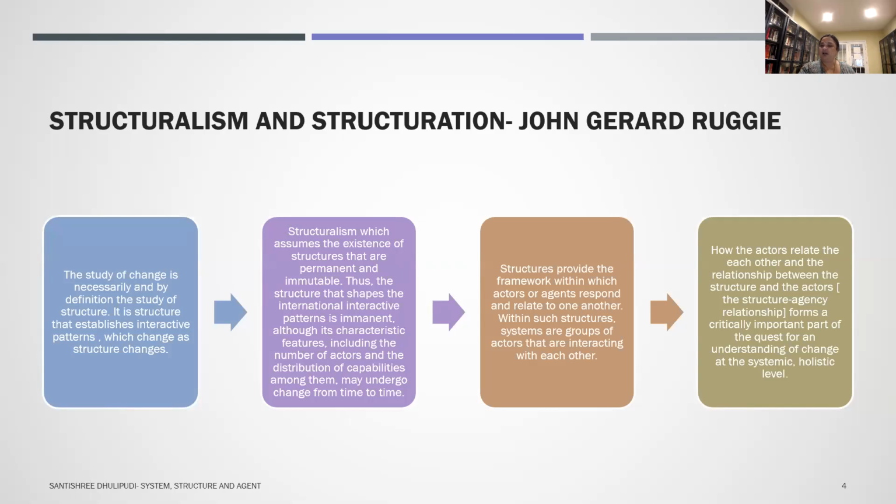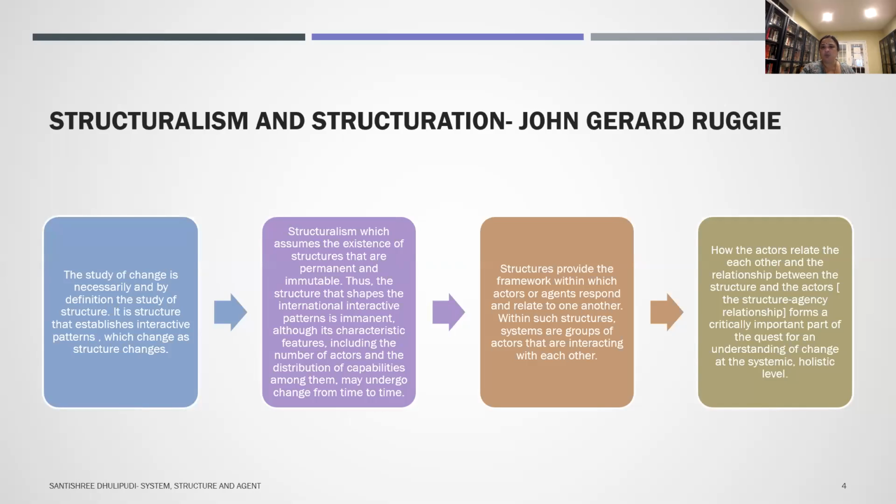Now, structuralism and structuration. John Gerard Ruggie says the study of change is necessarily and by definition the study of structure. It is structure that establishes interactive patterns, which change as the structure changes.